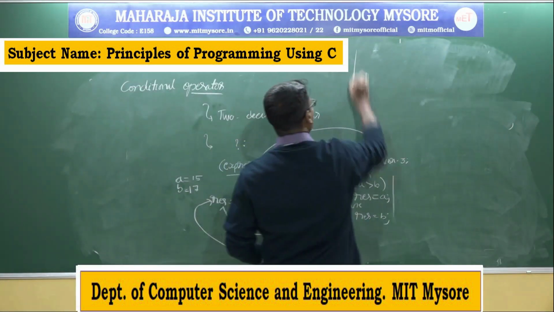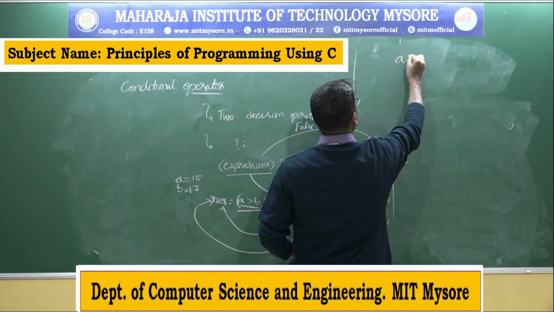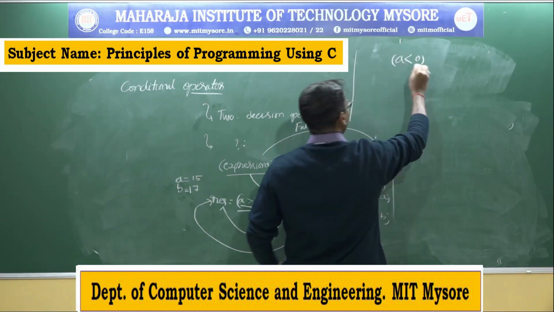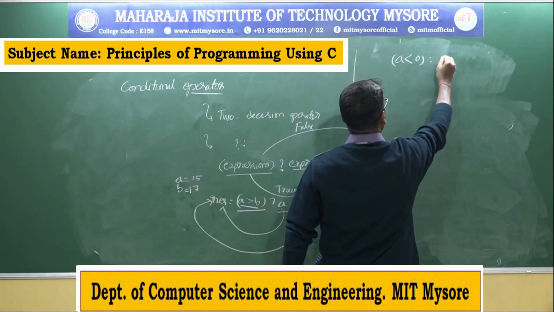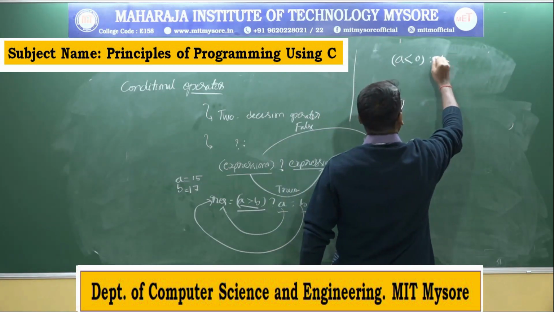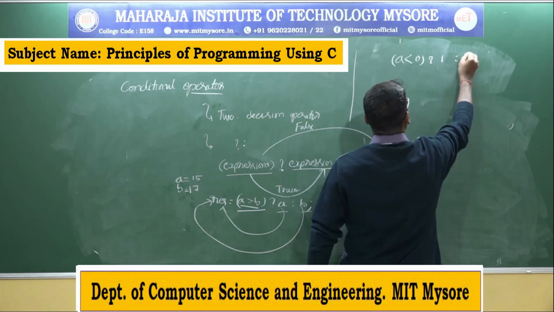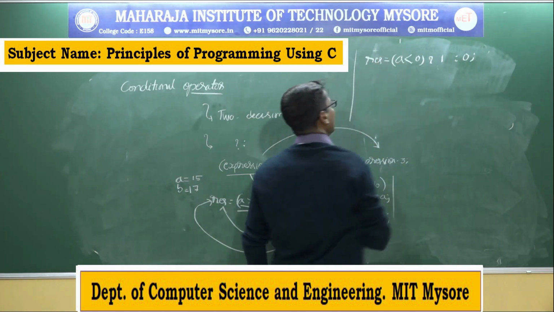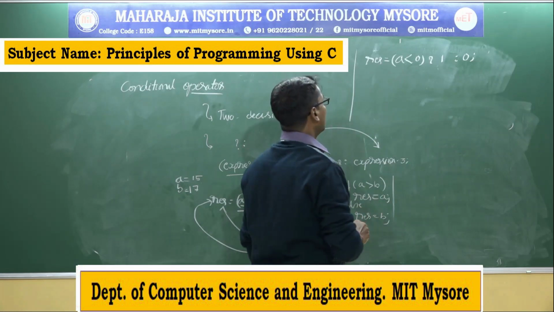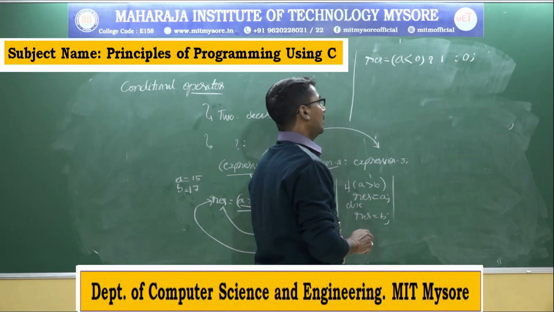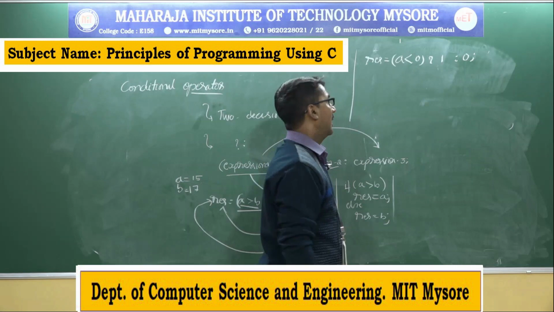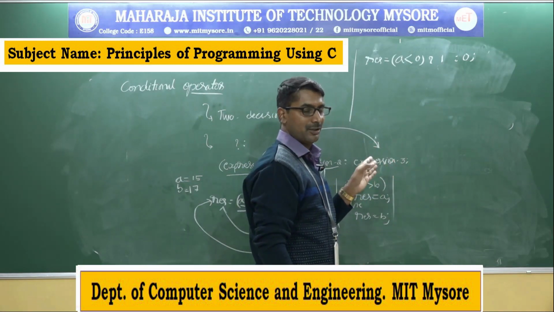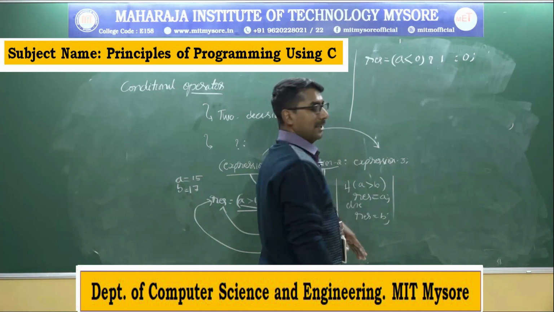One more example: RES is equal to A less than 0 question mark 1 colon 0. This is for checking whether the number is a positive number or a negative number.